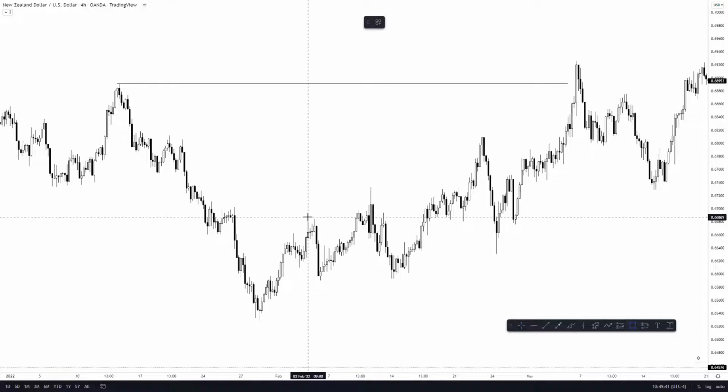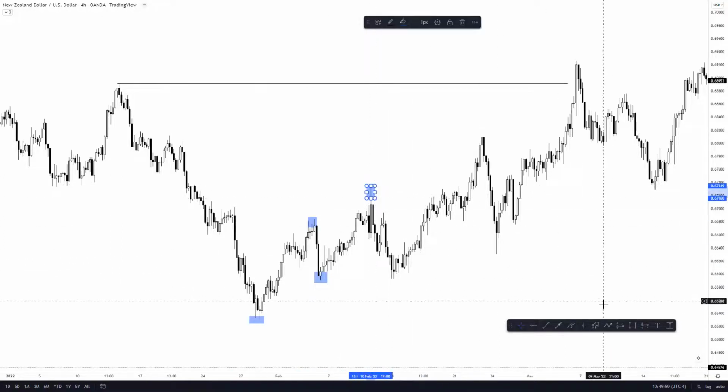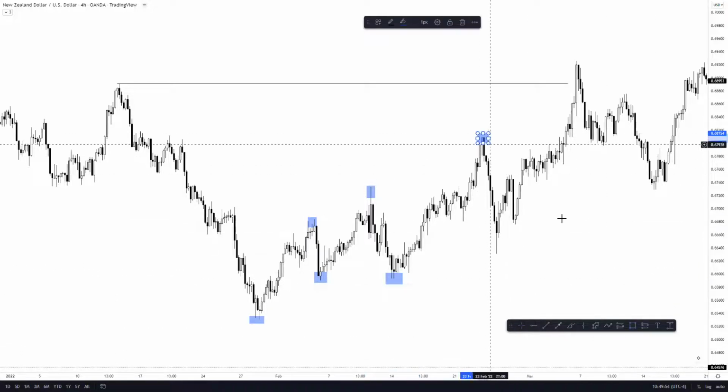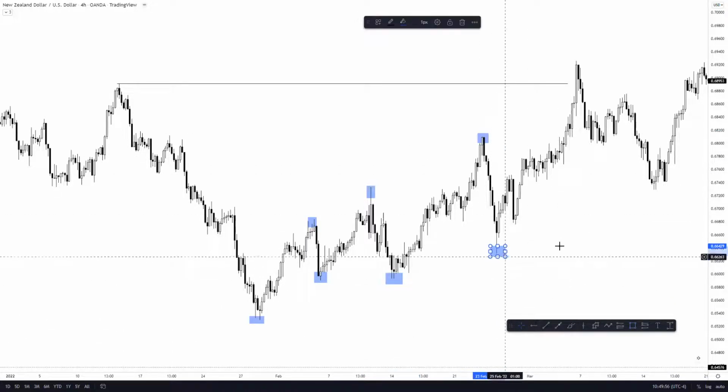So this higher high, this higher low, this higher low, this higher low, this higher low, this higher high, this higher low.